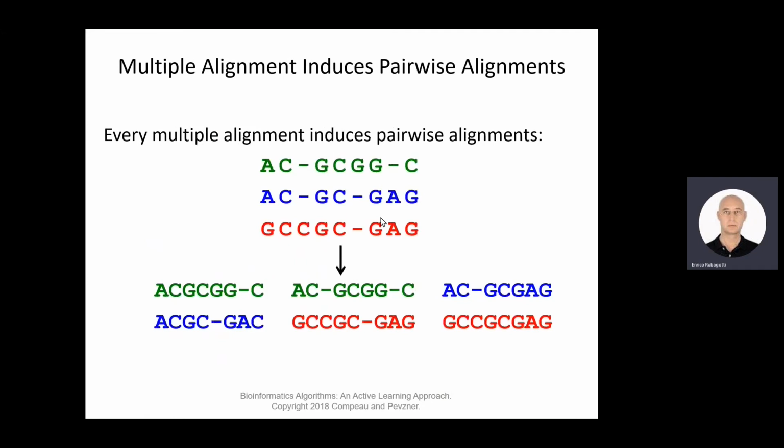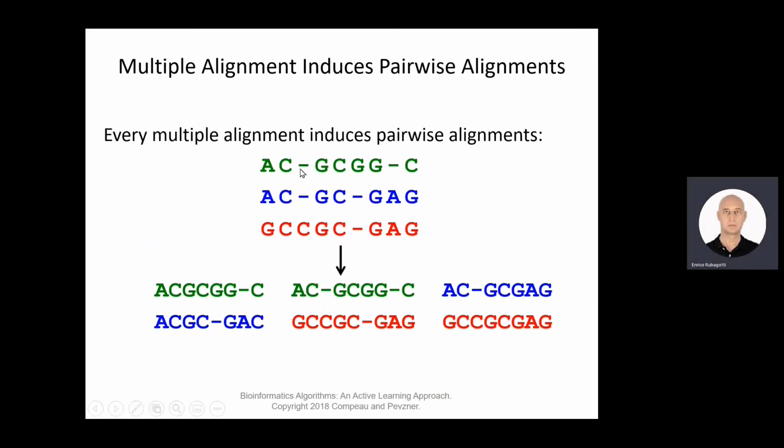Now we wish to reduce the computational complexity of this problem, and we are going to check that in reality every multiple alignment can be computed using pairwise alignment, like I'm going to show here.